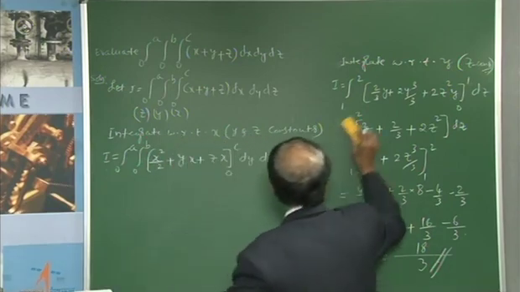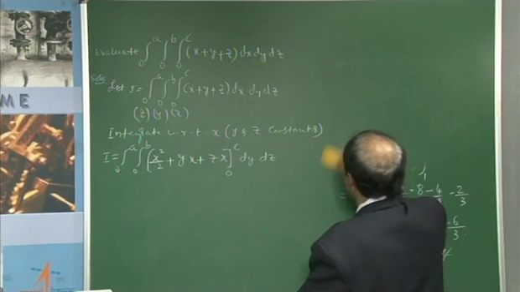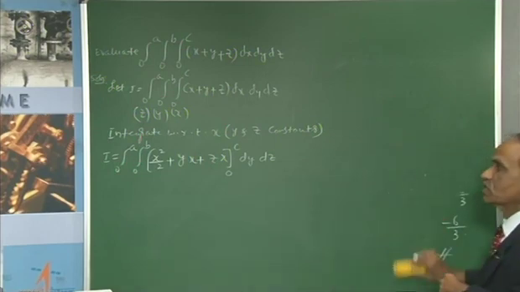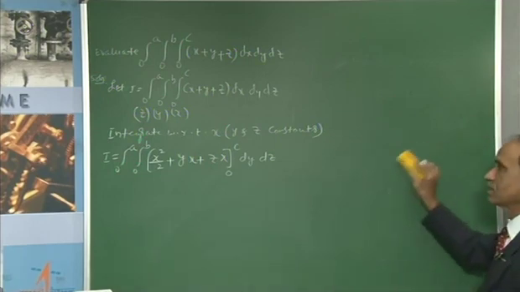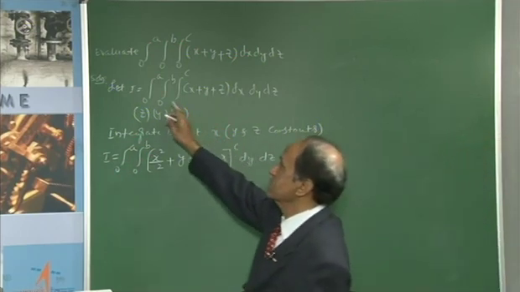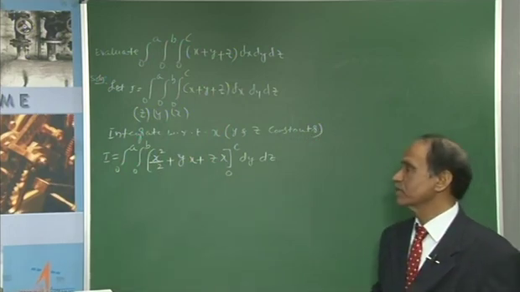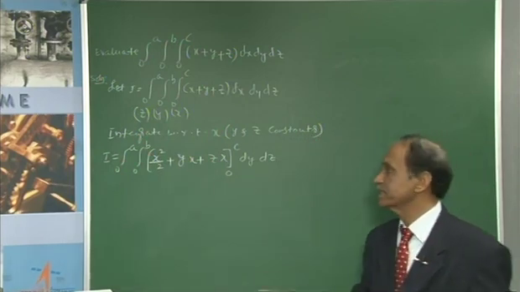Then you have to apply the limits. Only the upper limit will play the role, because for all the three integrals, the lower limits are given as 0, 0, 0. So only one value you can expect from the application of the upper limit in all the three cases.